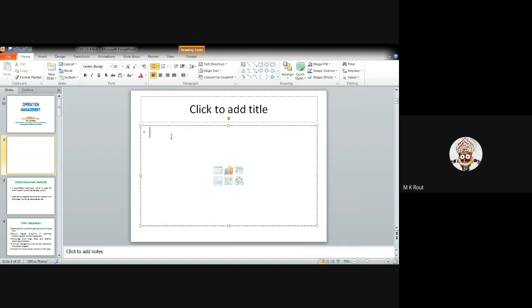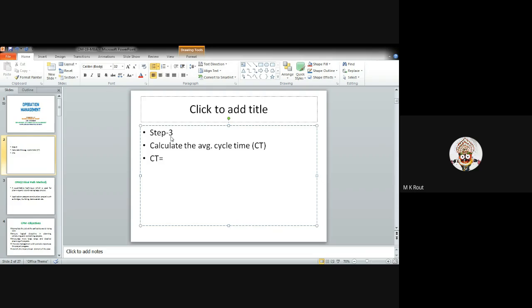Then write down step number three. You can see in the slide that step number three is calculate the average cycle time, and the cycle time is denoted as CT.